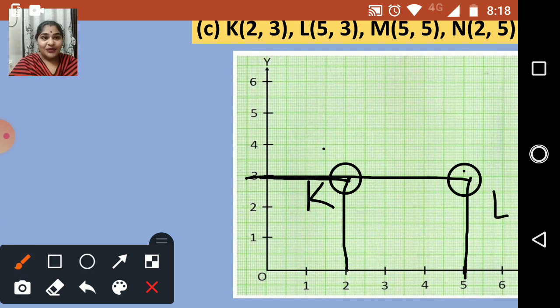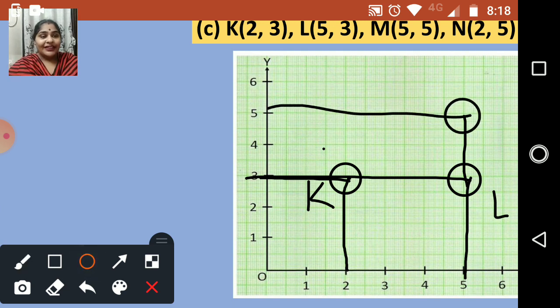Right? Now the next one is M. The coordinates are 5, 5. So 5 is here. If I go up till 5, it will be here. So this will be my next point, point M, children, right?